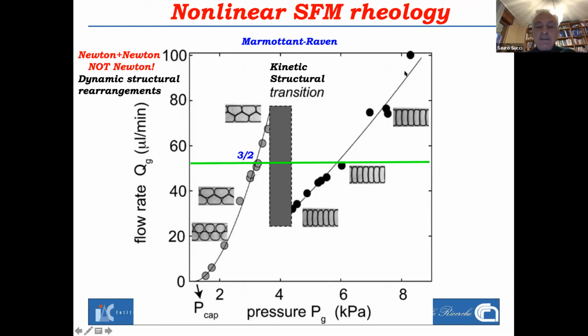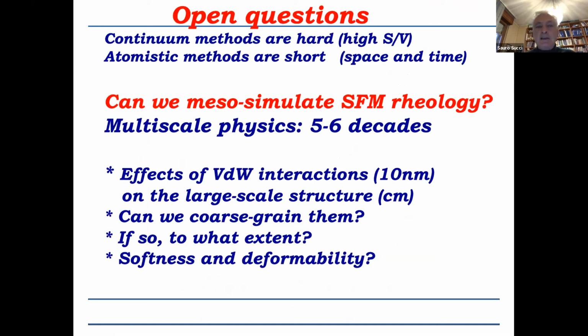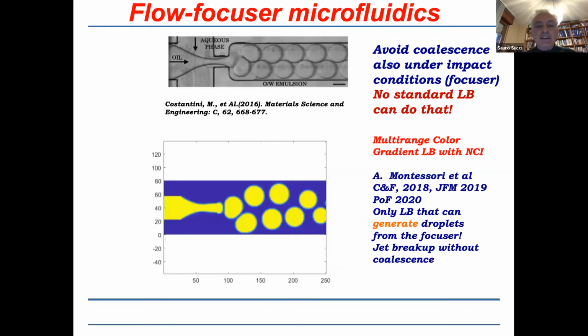Now, the question is, can we actually help the design of this material? Can we understand the rheology of this soft flowing material, and so on and so forth? And let me say that, speaking in terms of computations, continuum methods, non-ideal Navier-Stokes equations, are hard to solve, just because these fluids are dominated by the interface.